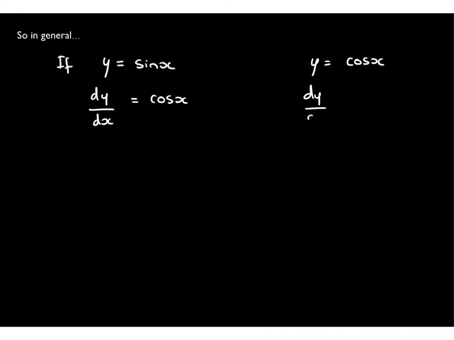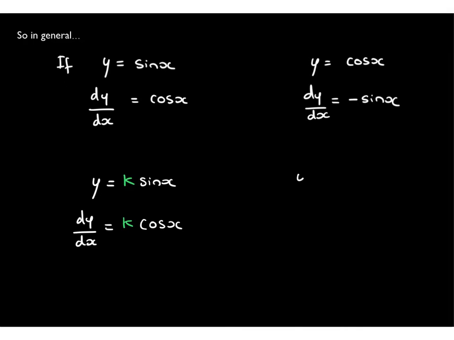So, in general, what do we know so far? We know if y equals sin x, then dy by dx is equal to cos x. And we know that if y equals cos x, then dy by dx is equal to negative sin x. Now, we sometimes like to generalise a little bit further. So if y is equal to k sin x, remember that this k is just a multiplicative factor, so dy by dx will equal k cos x.